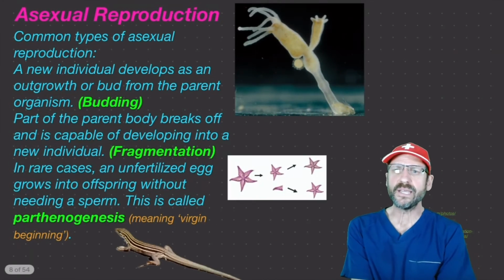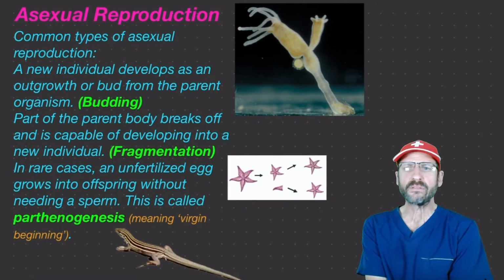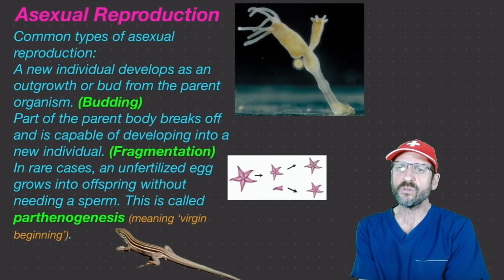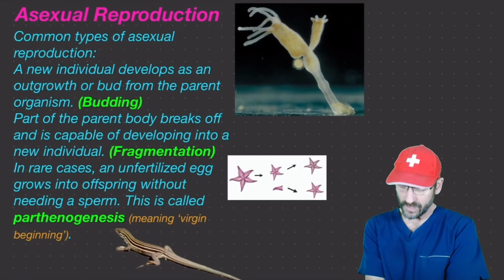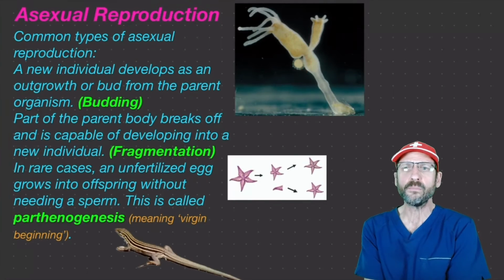There are a few types of asexual reproduction. One type is when a new individual develops as an outgrowth or a bud from the parent organism. We can see that right here, where a bud grows out.